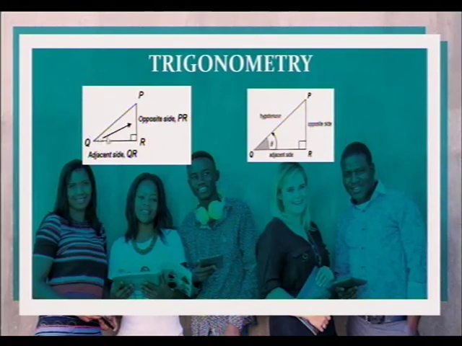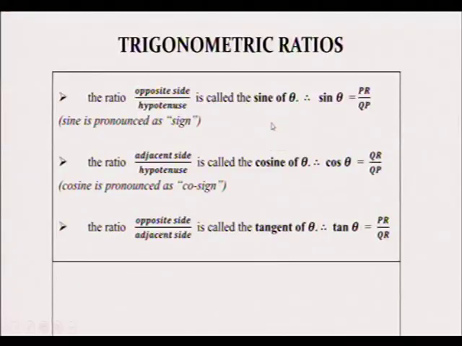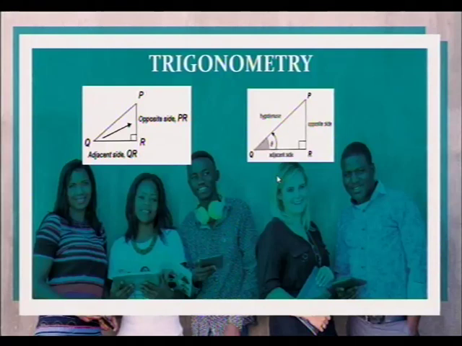Adjacent is between the given angle and the 90-degree sign. You can see again on this other diagram, the hypotenuse is the longest side. Opposite is opposite the given angle, and the adjacent is the side between the given angle and the 90-degree sign.